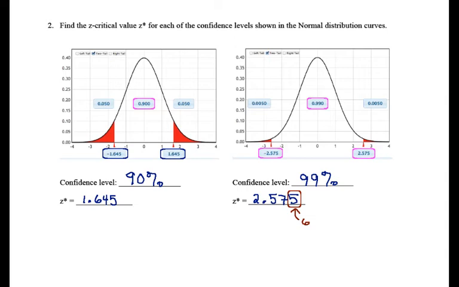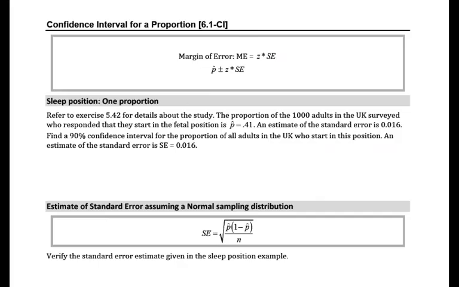So the way that these z-star critical values are used is to allow us to find confidence intervals for confidence levels other than 95%, still using an estimate of standard error instead of using that percentiles method. This is what's going to free us from the bootstrap distribution. If we recall in Chapter 3, when talking about bootstrap confidence intervals, we had a formula for margin of error that was 2 times the standard error, provided that the sampling distribution is approximately bell-shaped.